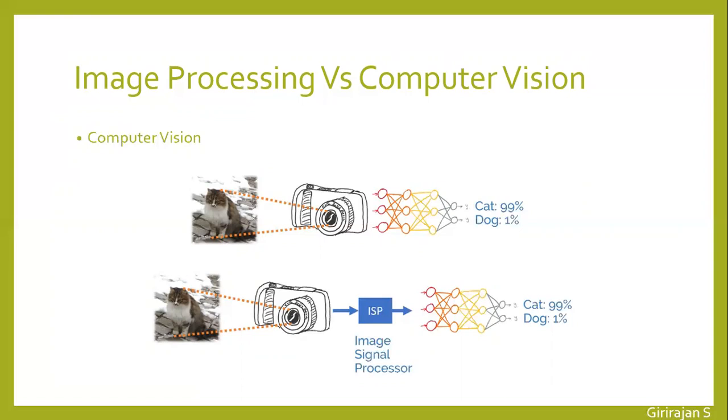Computer vision deals with how computers can be made to gain high-level understanding from digital images and videos. So the idea is to automate tasks that the human visual system can do. A computer should be able to recognize that this is the face of a human being, and this is what a bus looks like, and this is basically a car. So things like that.